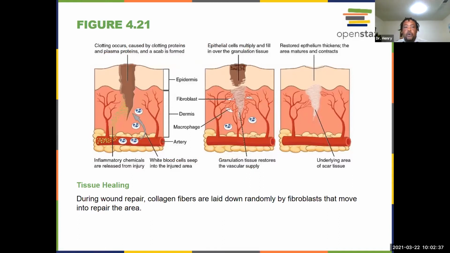Okay, so the next part that really is a part of this process is repair, right? Wound repair. So let's say you cut yourself, cut your finger, you get a scratch or something along those lines. The first thing that's going to happen is that we're going to start clotting, right?